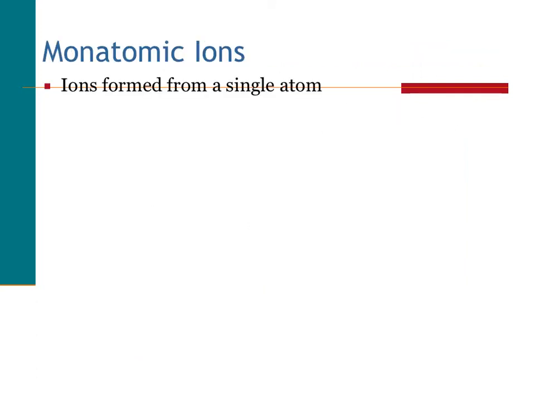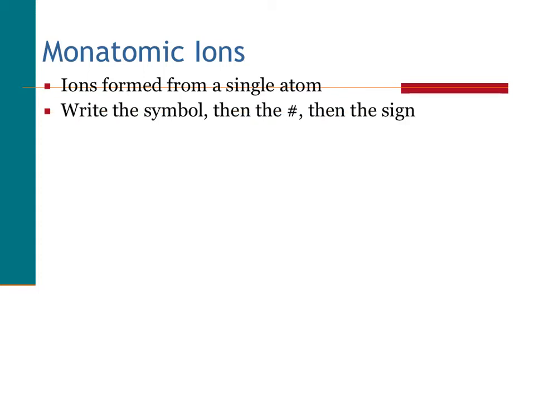We're going to start working with what are called monoatomic ions, and mono just means one. So we're going to be looking at ions that come from a single atom. And they're going to come in 2 flavors. They're either going to be positively charged or negatively charged.